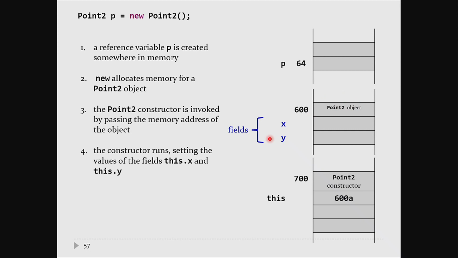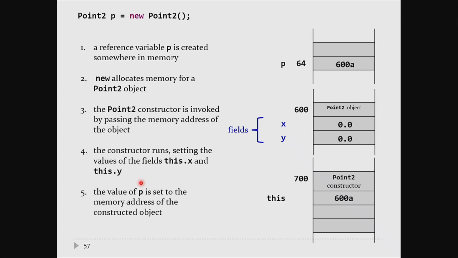Now the constructor runs, setting the values of the fields this x and this y. Because it has this reference, it knows it has to go up to this object and set that x and that y to 0 and 0.